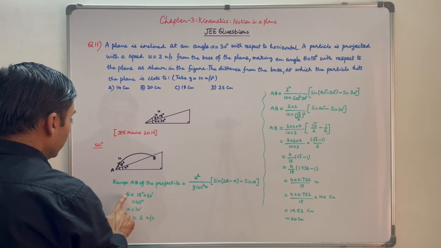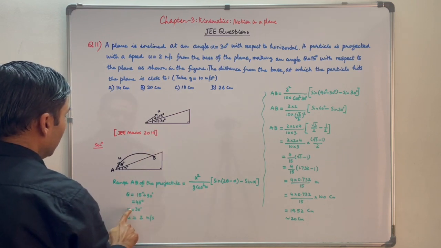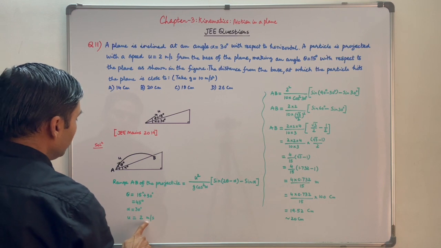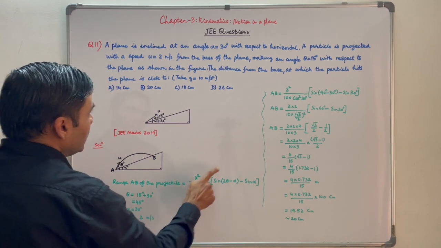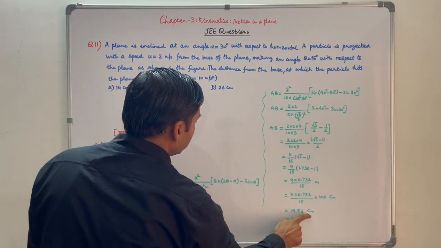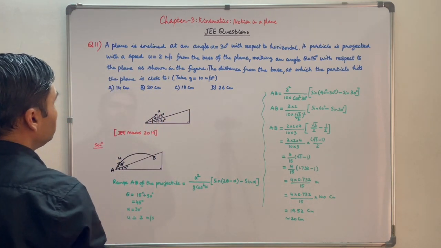So in our case, theta will be calculated as 15 plus 30, that is 45 degrees. Alpha is given as 30 degrees. U is given as 2 meter per second. Putting these values in this formula, AB comes out to be 19.52 centimeter. So the closest match is option B.